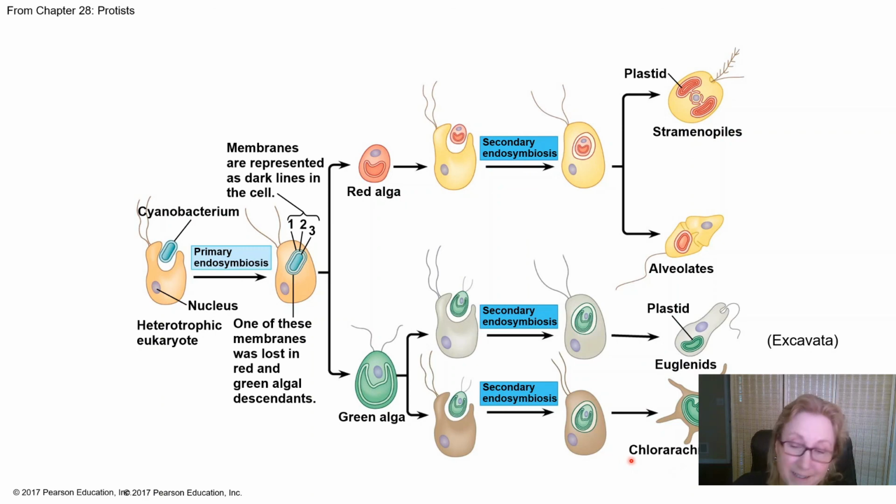Chlor means green. So everything in the protists that has the ability to photosynthesize has that ability because of the Archaeplastida and that first cell. If it's not in the Archaeplastida, it engulfed a member of the Archaeplastida.